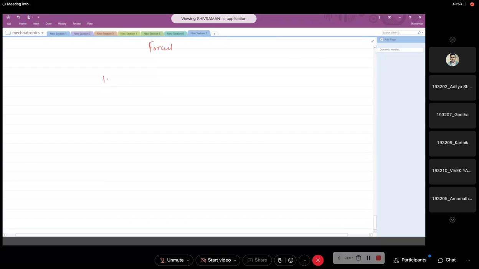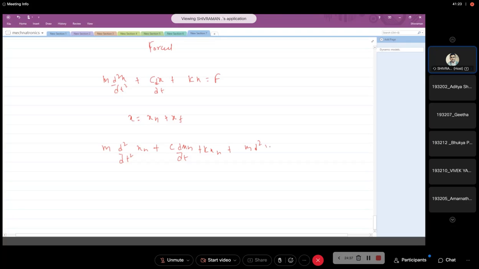In the forced system you have m d²x/dt² plus c dx/dt plus kx is equal to f, because you are having an input in terms of force. Okay, so x will be x natural plus x forced.